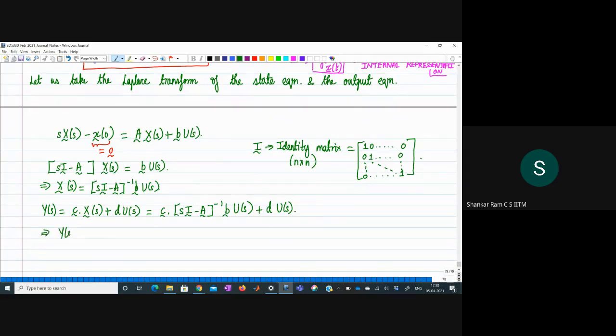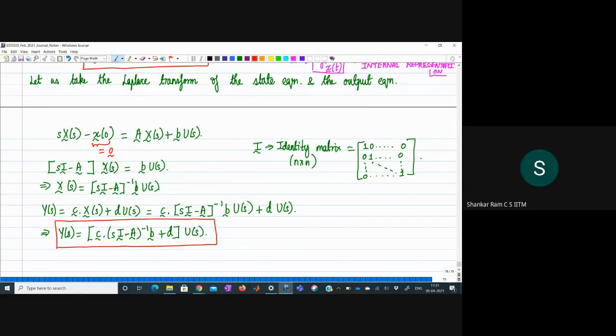If we collect the terms involving U(s), we get Y(s) equal to [C (sI minus A) inverse B plus D] times U(s).